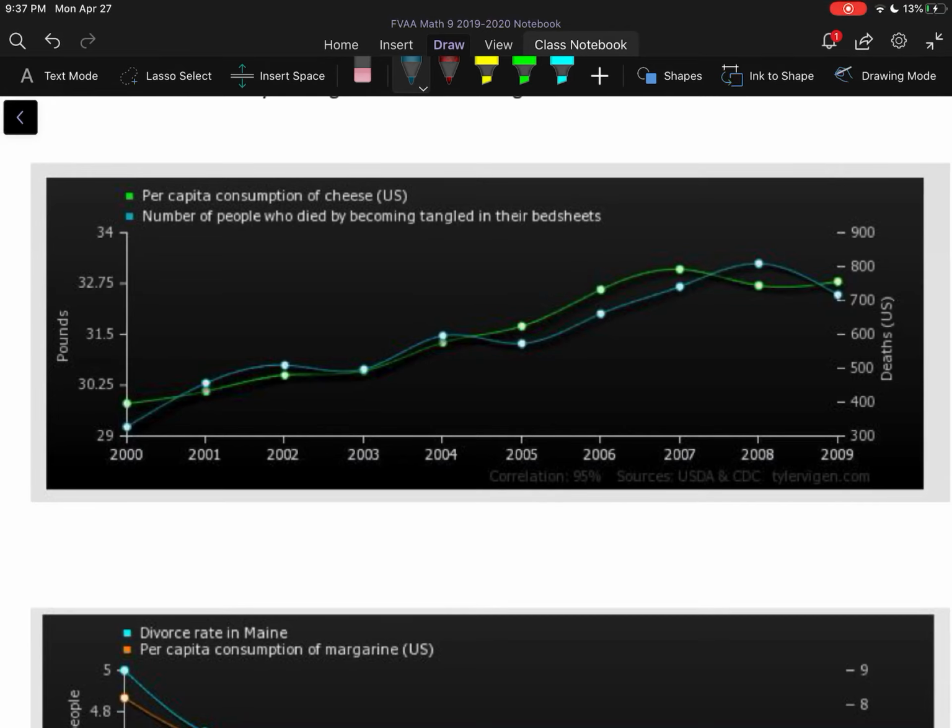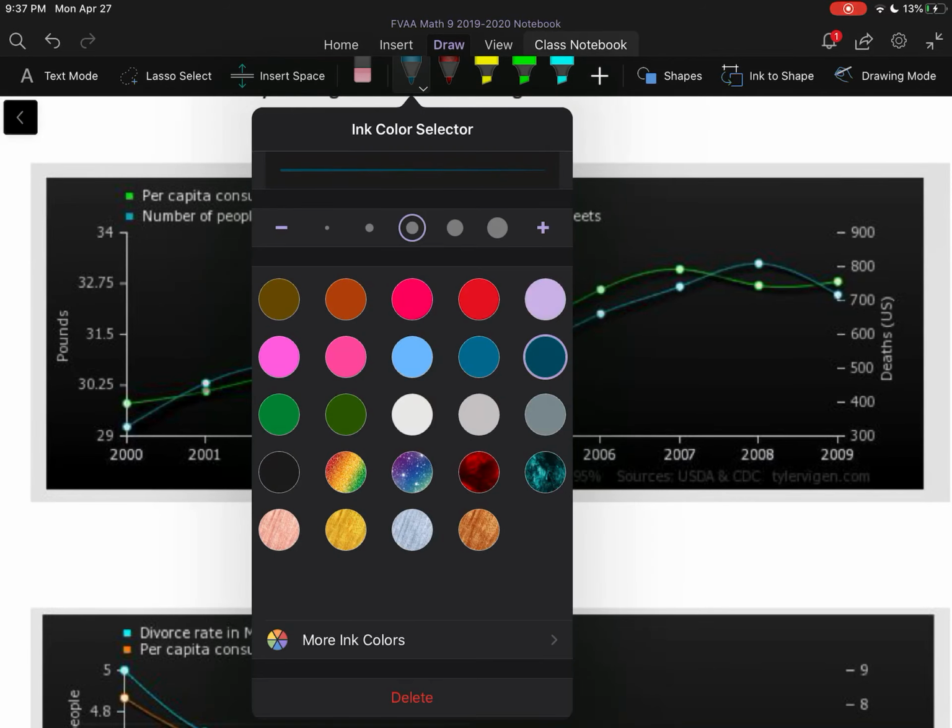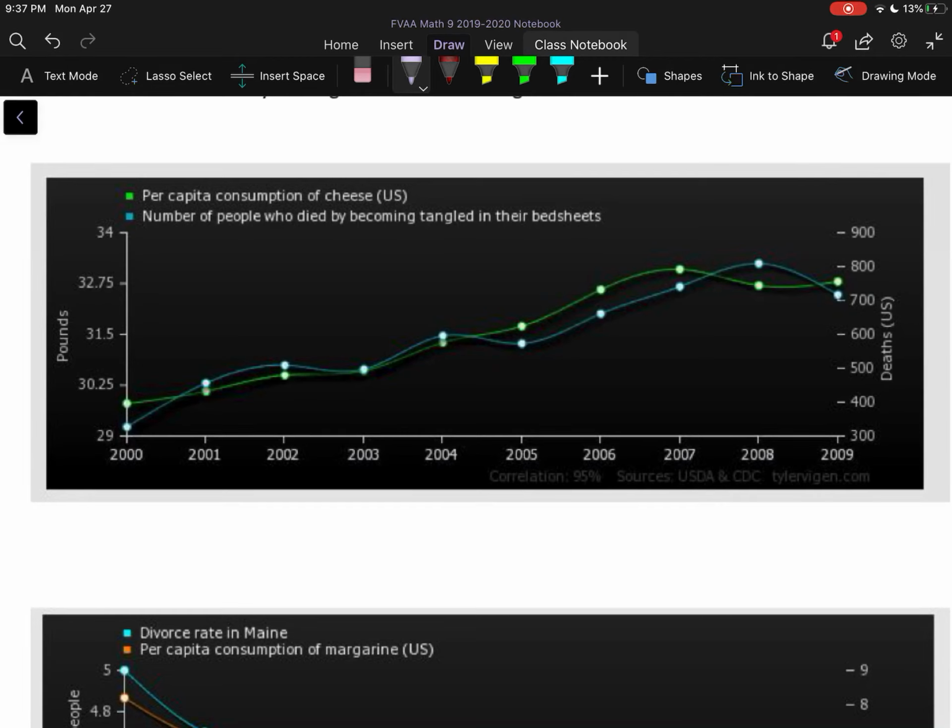So we see here there seems to be a trend between the two, that the graphs kind of move together. So do we actually think then that the amount of cheese a person consumes has a direct effect on how many people die from becoming tangled in their bed sheets? Hopefully the answer to that question is no.